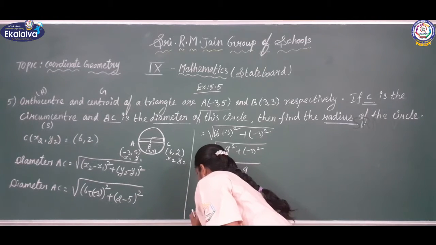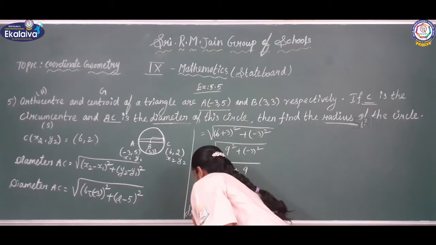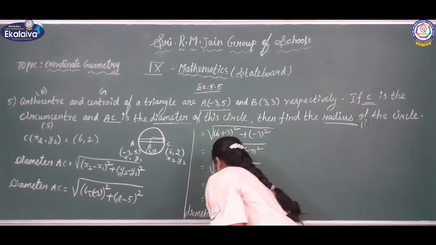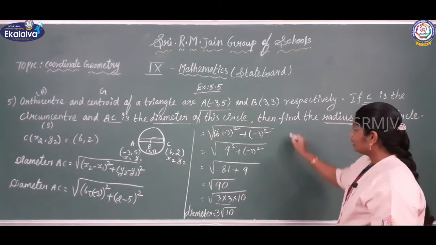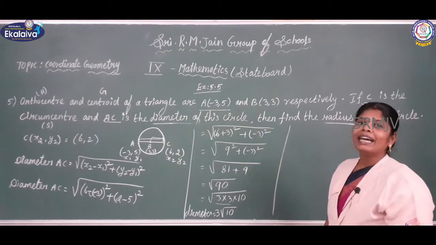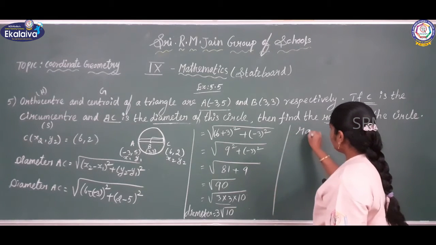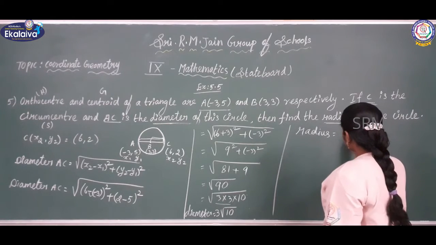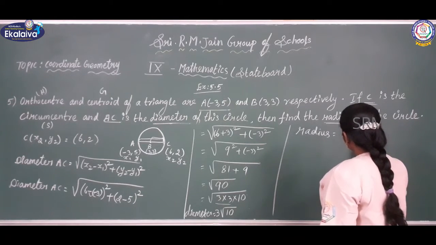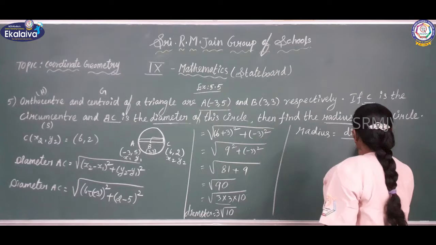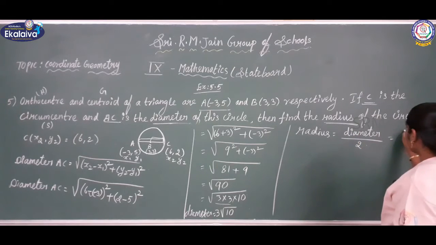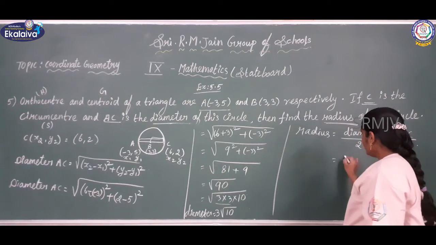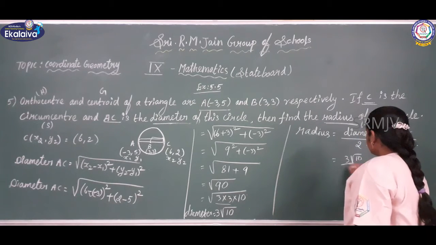So the diameter equal to 3 root 10, but we need to find out the radius. So radius equal to half of diameter, by 2. Okay, here diameter is AC by 2. Here AC value 3 root 10 divided by 2.